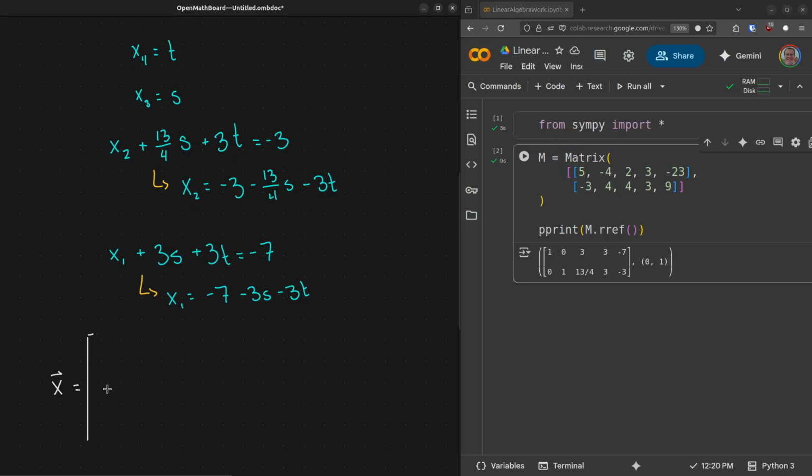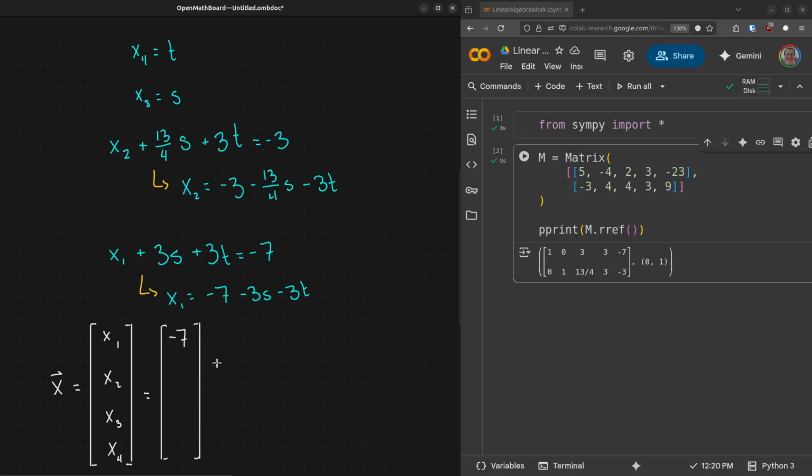Make this a little bigger so I can really spread out here. Okay, x1, the constant component is -7. Minus 3s.